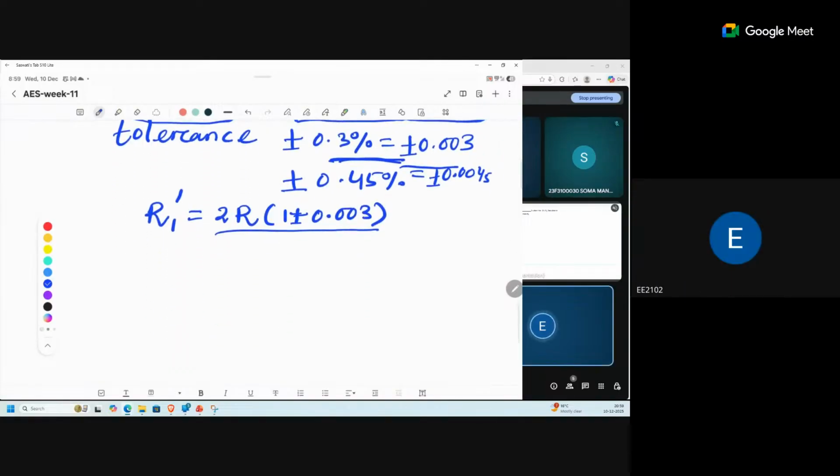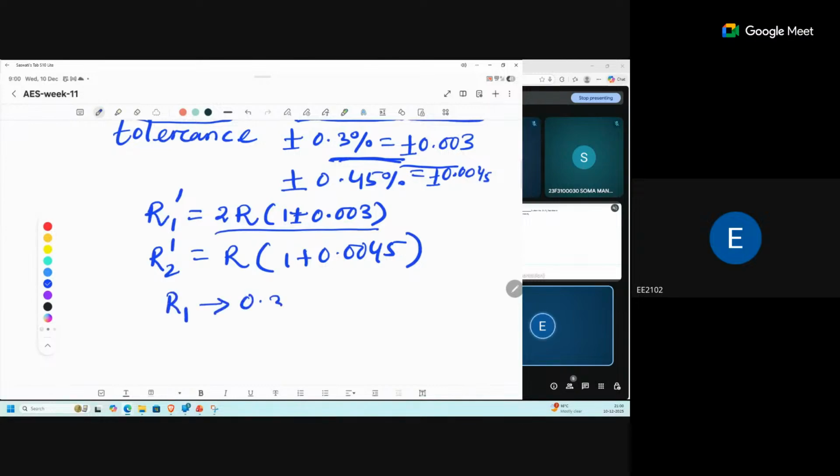Just a little bit I'm explaining because you can get confused here. I'm writing R2 dash also, then I'll explain. How is it coming? R1 has 0.3% of variation, meaning R1 into 0.3%.